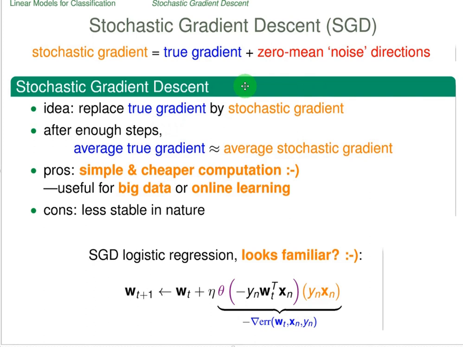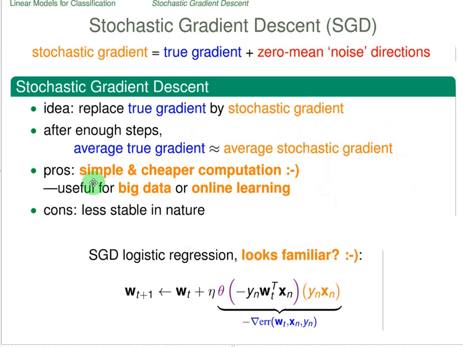Okay? In stochastic gradient descent, the main idea is to replace the true gradient by a stochastic gradient, which is computed on a randomly selected sample. And then, after enough computation steps, the average true gradient will approximate the average stochastic gradient.